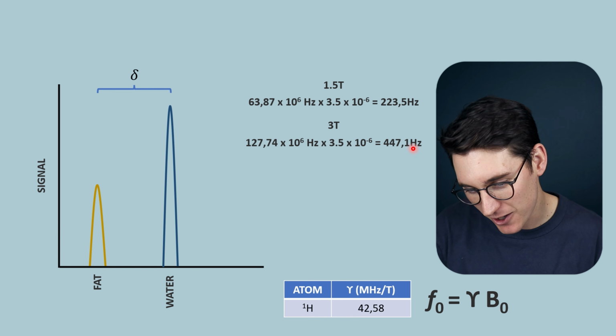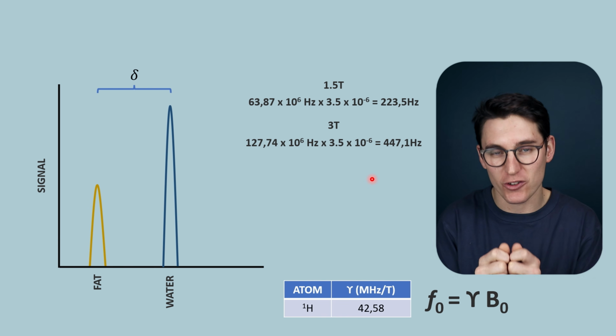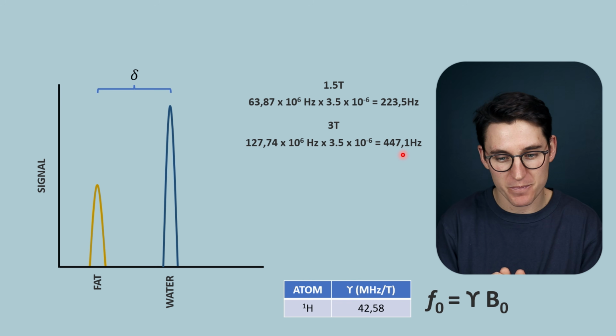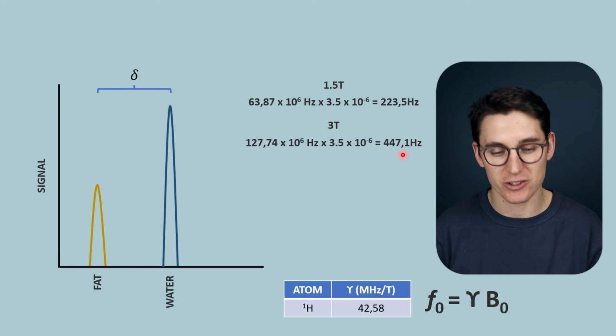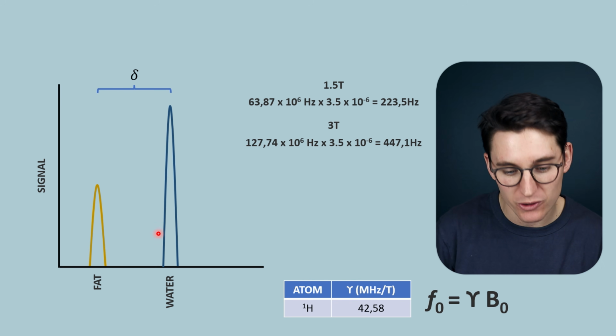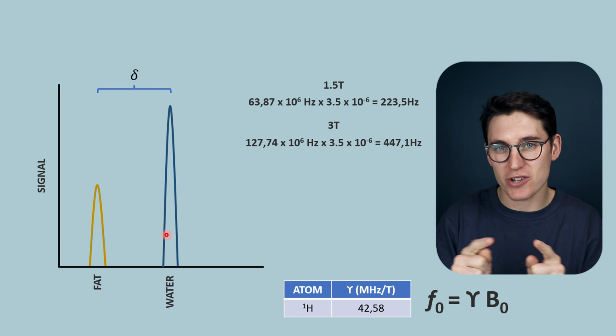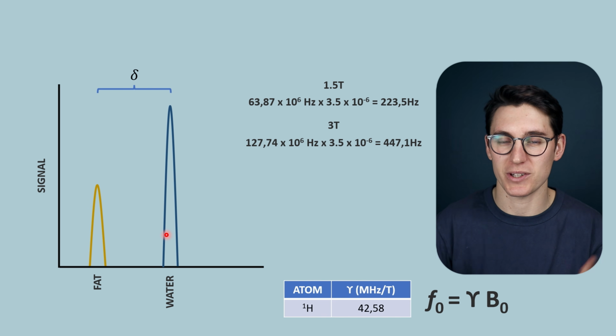The difference now between water and fat in terms of absolute difference is 447.1 hertz. By increasing the magnetic field strength, we have increased the absolute difference in precessional frequencies. So we can see that increasing the magnetic field strength could increase chemical shift artifact within our image.